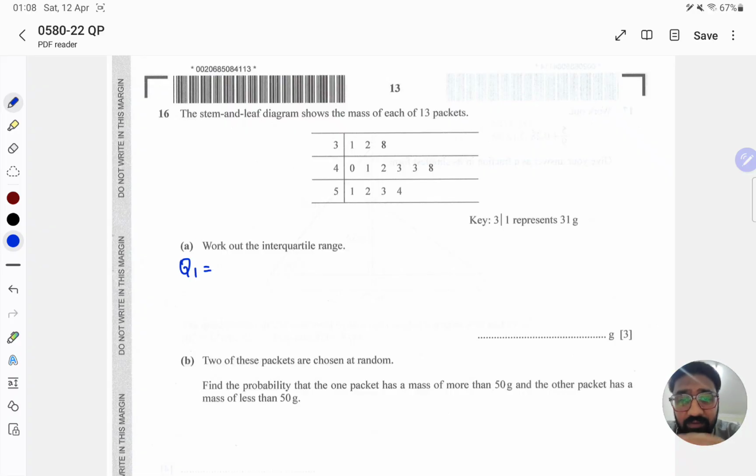Let's find out Q1 first. Q1 is basically the middle value between the mid value and the start value. So what is the mid value? Let's see. It's basically 13 values in total. So 1 2 3 4 5 6, and this 3 over here, this is the middle value. So the middle value from the start up till here, that is going to be the lower quartile.